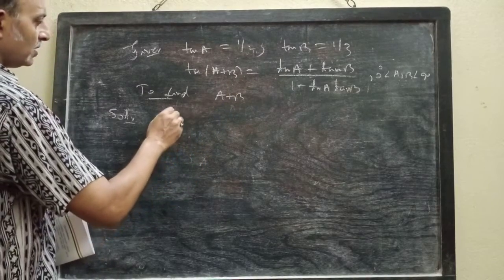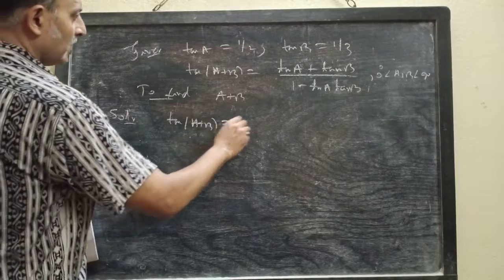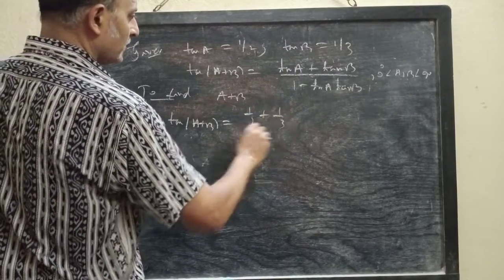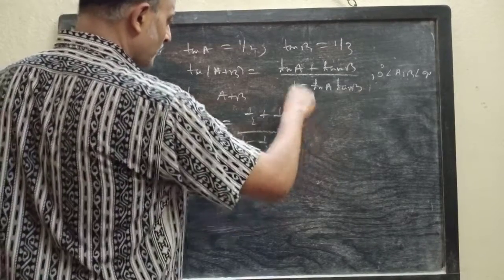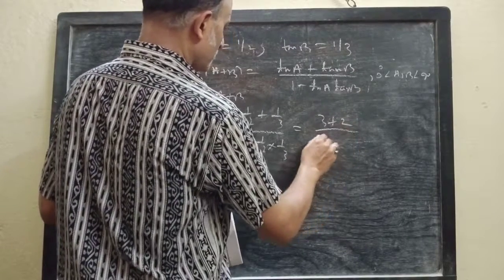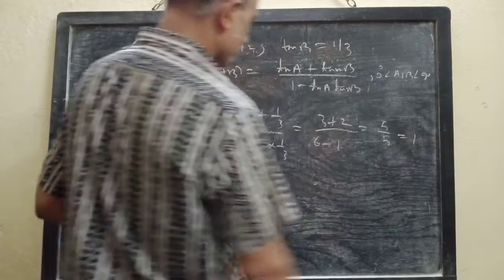Using this formula, we have tan of A plus B is equal to, instead of tan A, write half. This is 1 by 3, 1 minus half into 1 by 3. Multiply both numerator and denominator by 6. This is 3 plus 2, this is 6 minus 1. 5 by 5, this is 1.